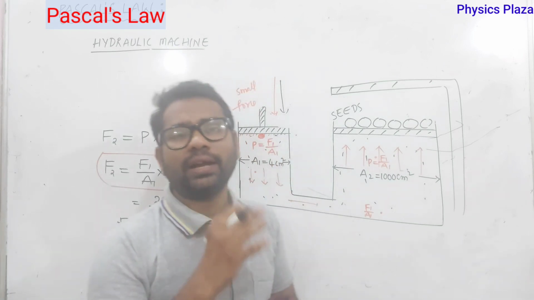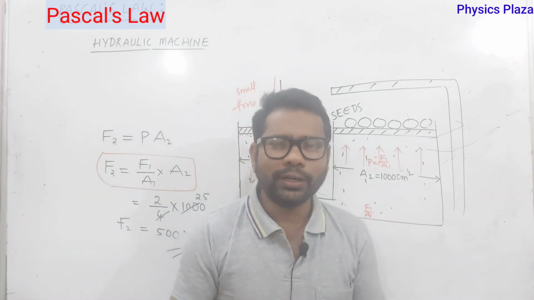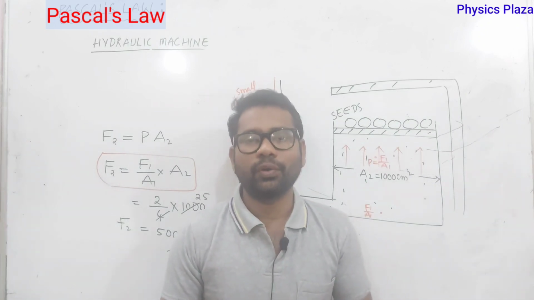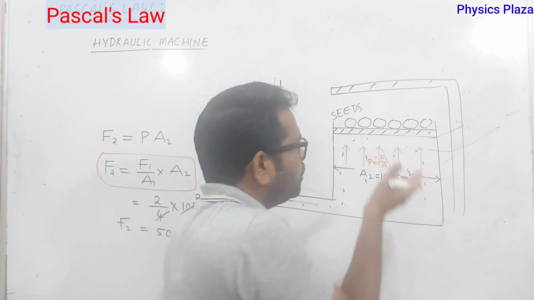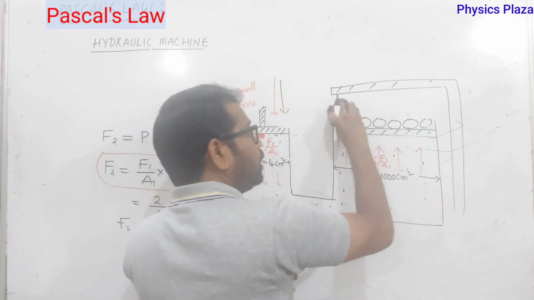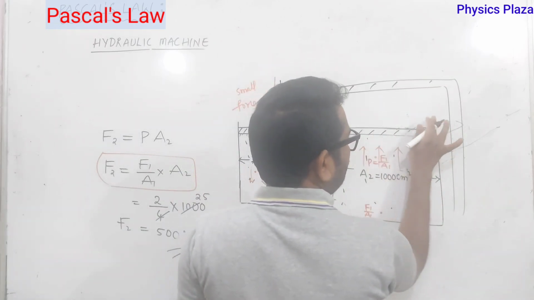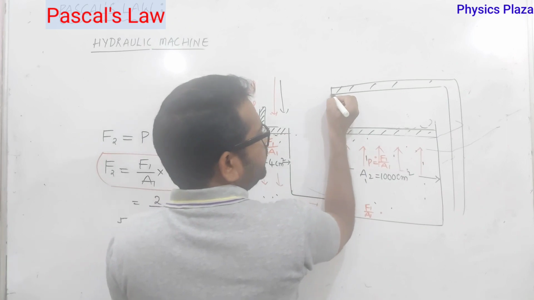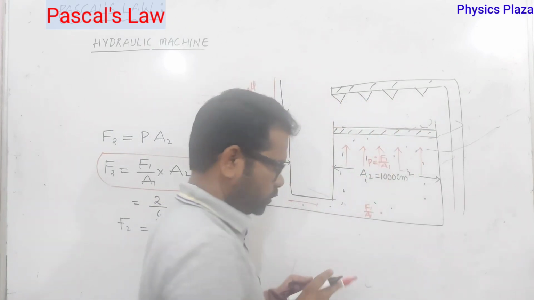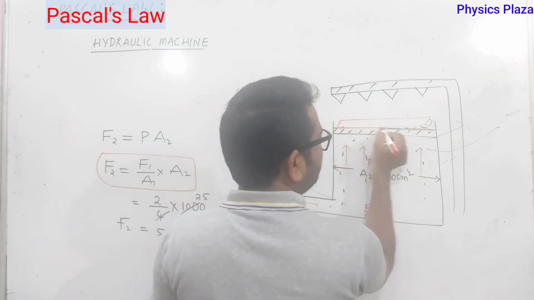Not only that, during import and export of cotton, we know that cotton takes so much space, the volume is more. To compress the cotton bales also we use this. Even to make holes in strong metals we can use it. How? Suppose it is made like this, with very sharp tools here, and the metal sheet is placed here.